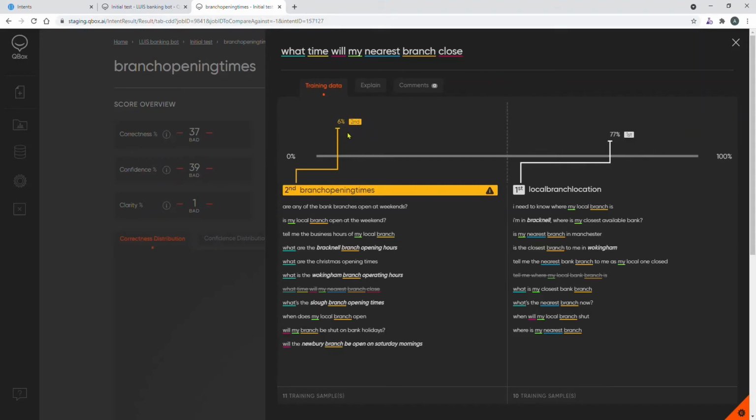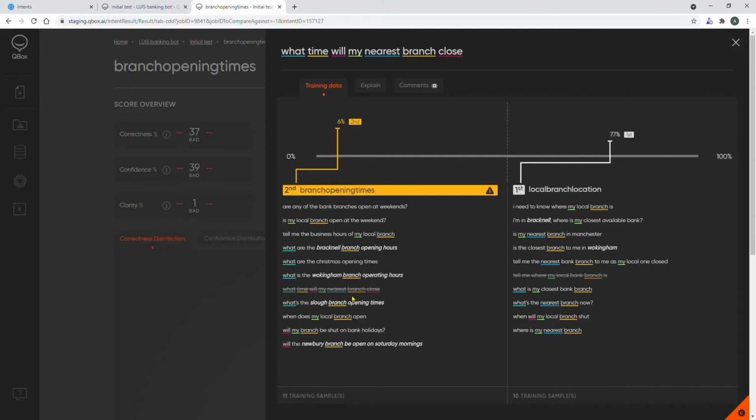Now you can see from the colour-coded highlights that the model has picked up nearest and branch from the incorrect intent, and there's also some insignificant words being picked up too, like what and my. From first impression, perhaps the phrase nearest branch is being represented multiple times in the incorrect intent, and I can see it's only represented once in the correct intent. So I suspect that's the reason for this incorrect prediction.